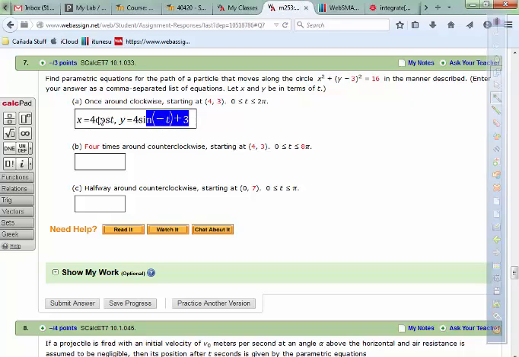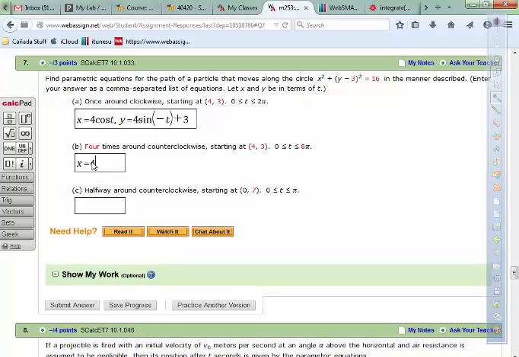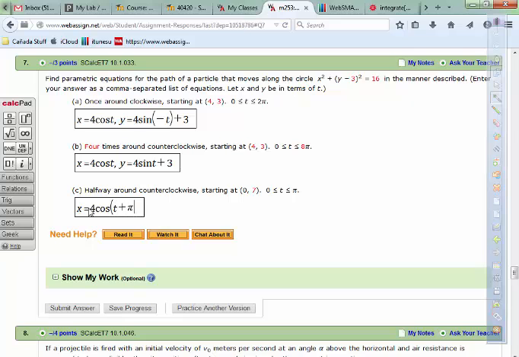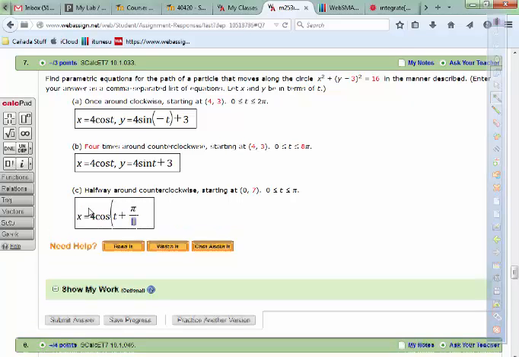Can you copy and paste here? And this one we decided cosine t plus pi over 2.